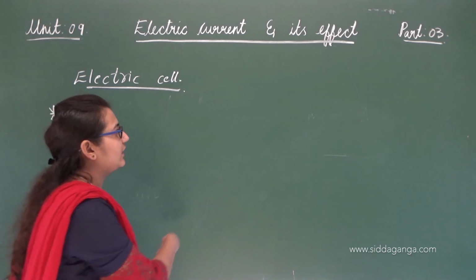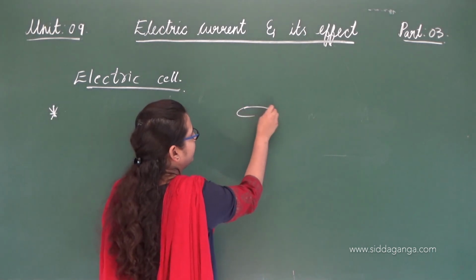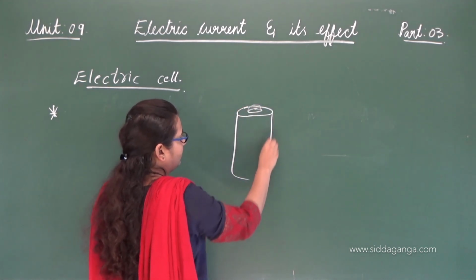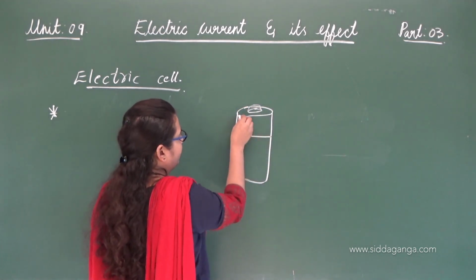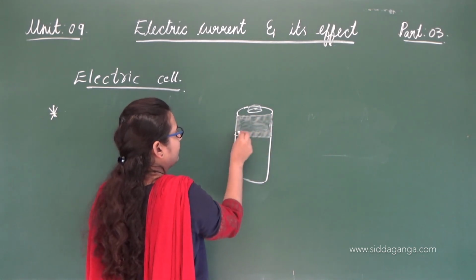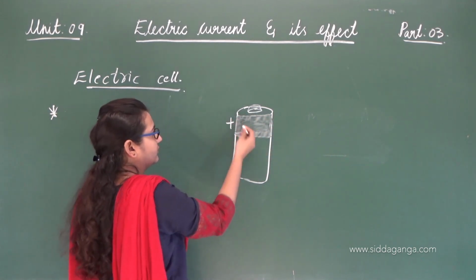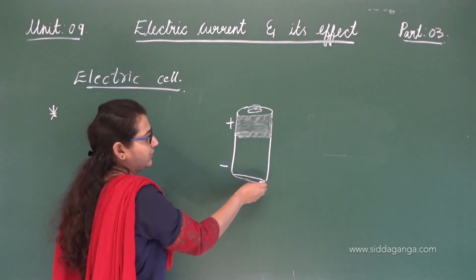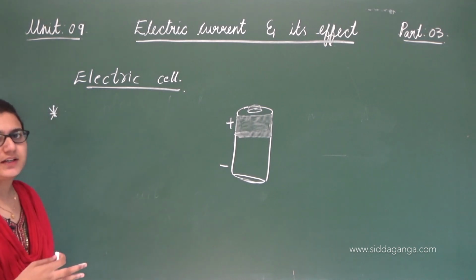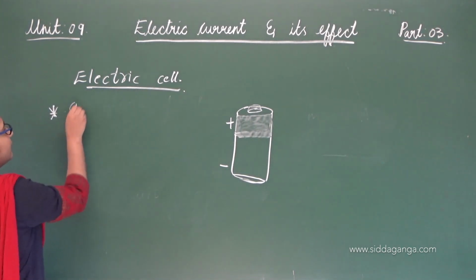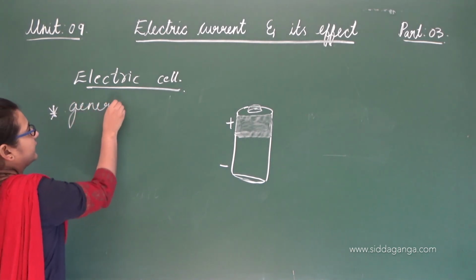This cell is something we commonly use, right? This is what it looks like. One end will be positive and the other one will be negative. So this is a simple diagram of an electric cell.